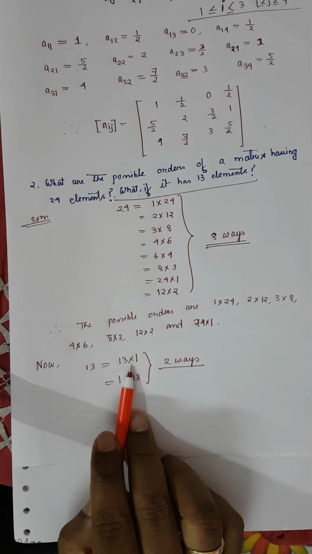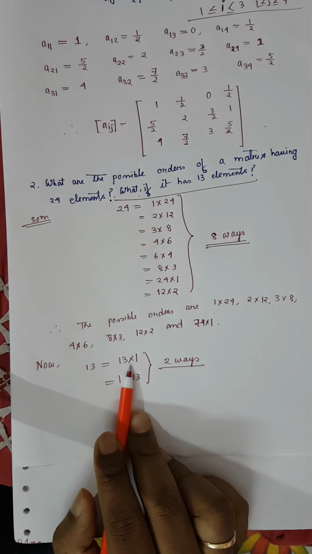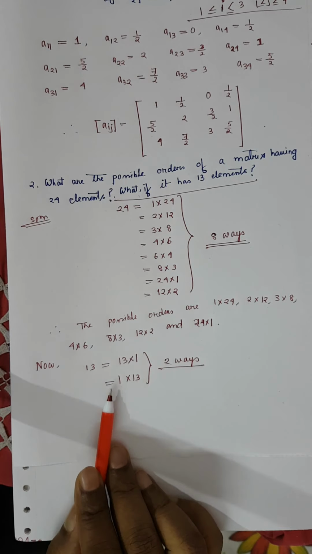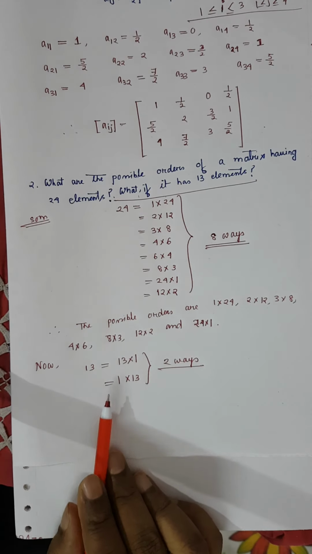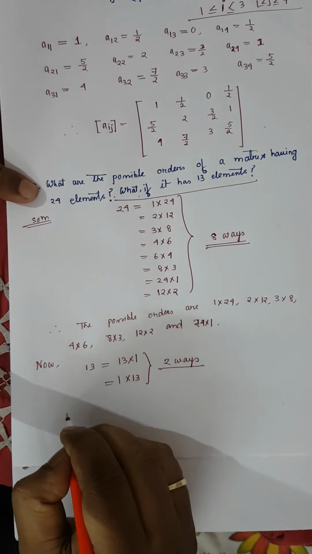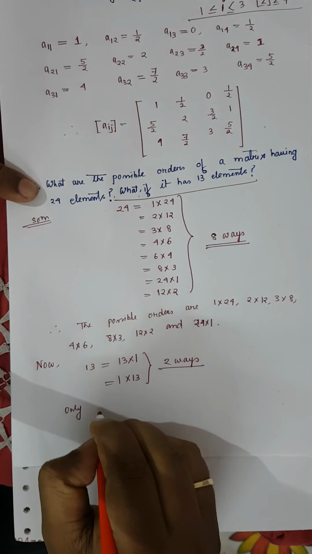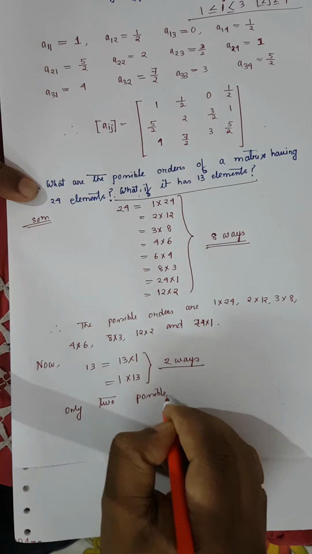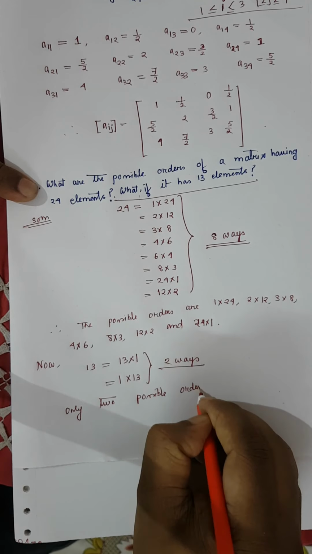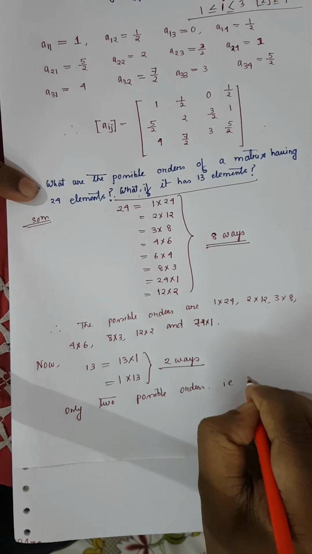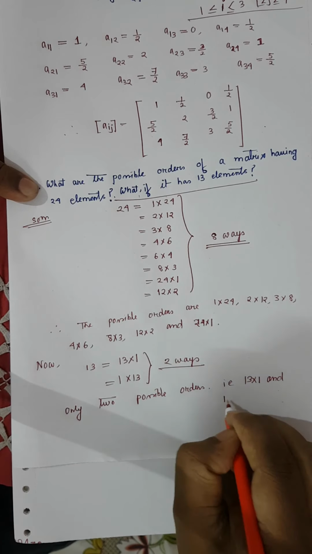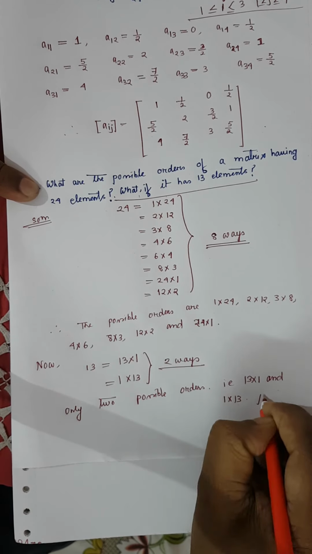In one case it has only one column, so it will form a column matrix, and in the second case it has only one row, so it will form a row matrix. So there are only 2 possible orders, that is 13 into 1 and 1 into 13.